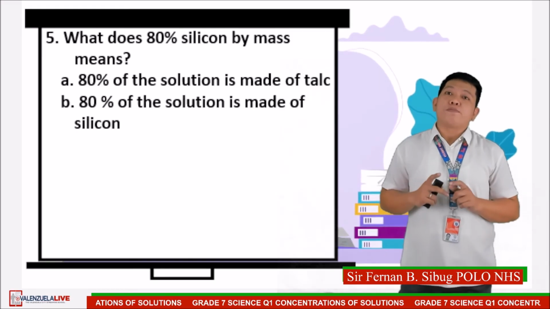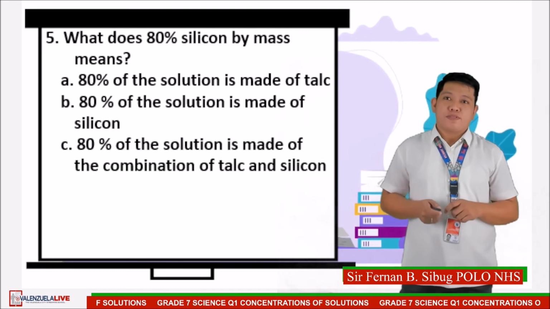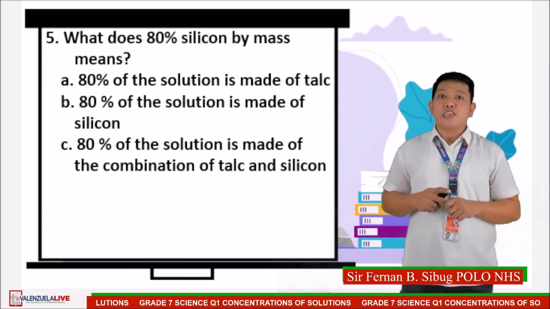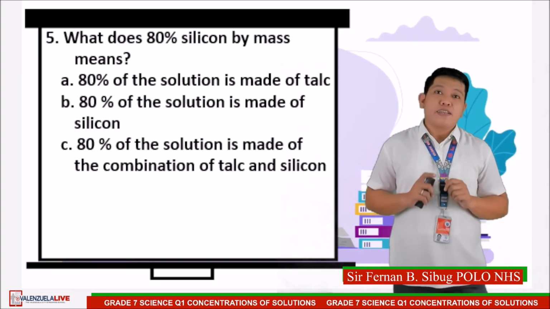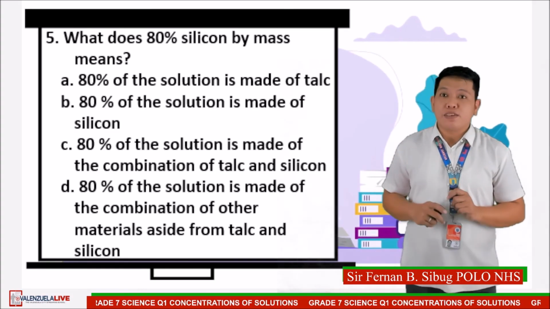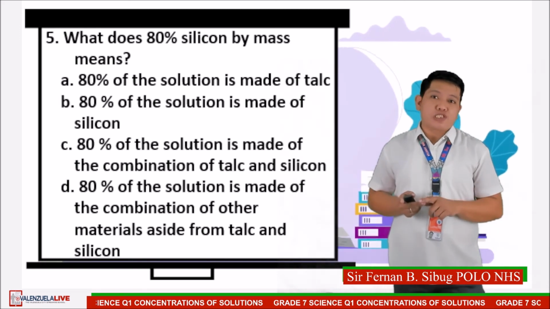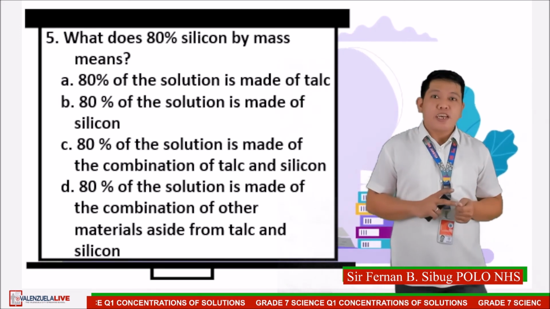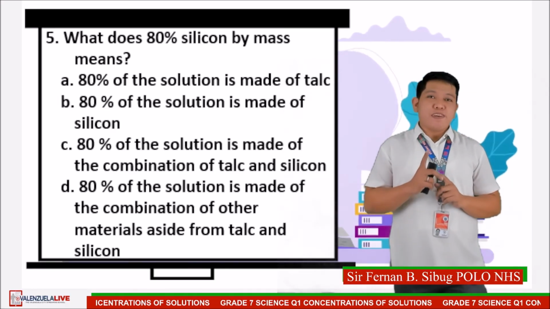B. 80% of the solution is made of silicone. C. 80% of the solution is made of the combination of talc and silicone. And letter D. 80% of the solution is made of the combination of the other materials aside from talc and silicone. Type in your answer.